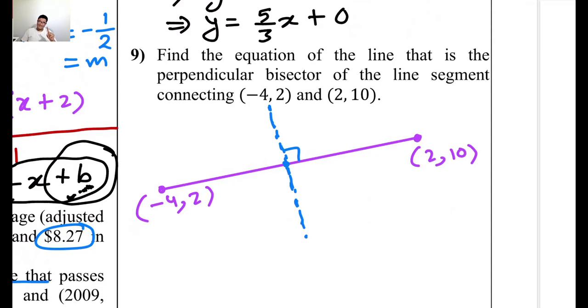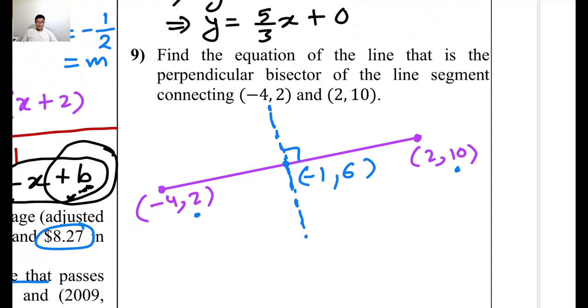If you think about it, that gives you both the point through which it is going and also the slope. How? The point is through the midpoint formula: 2 plus 10 divided by 2, 12 divided by 2 is 6. -4 plus 2 is -2, -2 divided by 2 is -1. So the midpoint is at negative 1 comma 6.